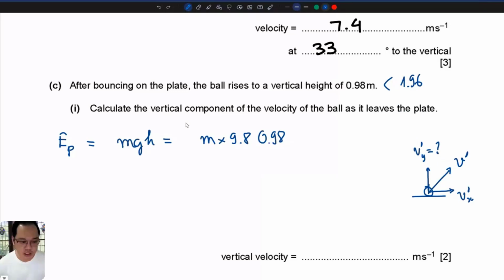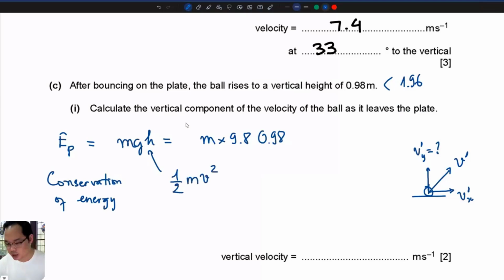And this one is calculated by the conservation of energy, which is this potential energy obtained by the conversion from the kinetic energy 1/2 mv squared. This velocity is not this velocity, but the vertical component of the velocity, what we need to find.